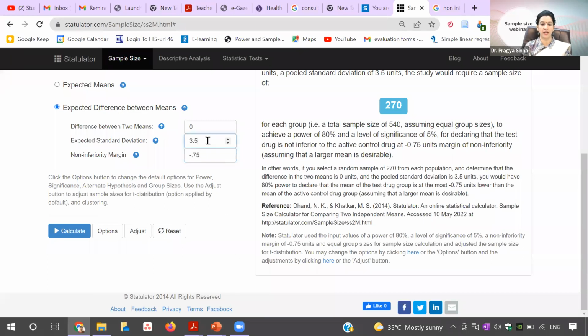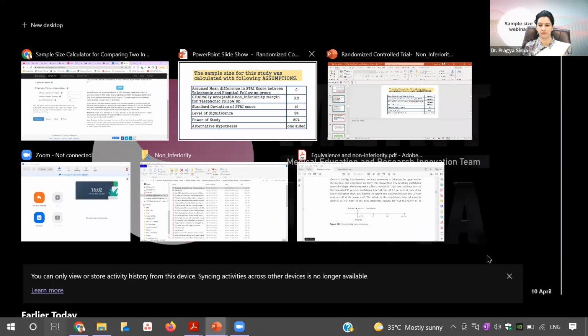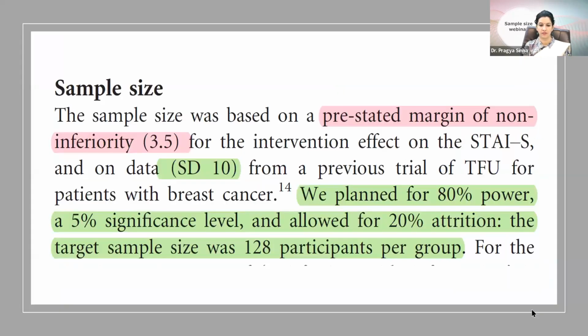Sorry, this was 10. I have kept, this was 10. It is 101. So 202. And what was the author's?